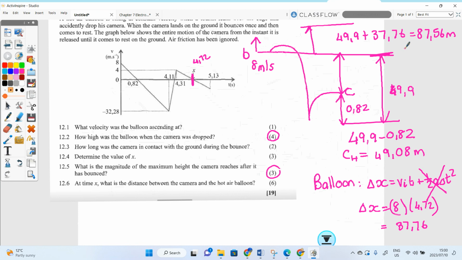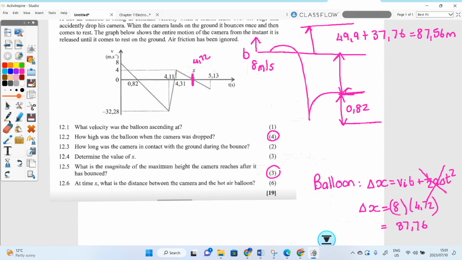And then now you can say, okay, the balloon is there. The camera is here. So you didn't really have to do this part. It wouldn't really help at all. We know that the camera is there. So now the difference between there and there is the difference between them.